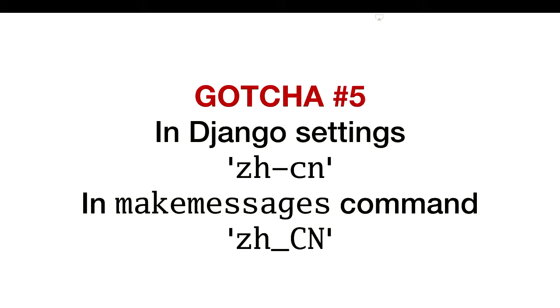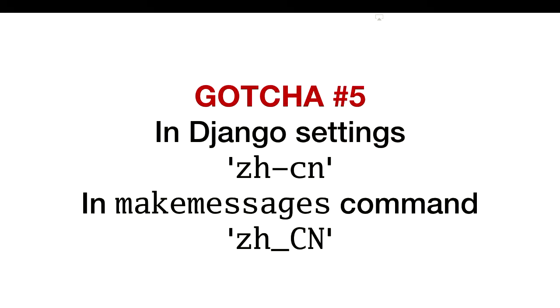So gotcha 5. If you noticed correctly, in Django settings we have mentioned the language code in all small letters, separated by a hyphen. But when you do it with the makemessages command, the language part is in small letters and the country part is in capital letters, separated by an underscore rather than a hyphen.